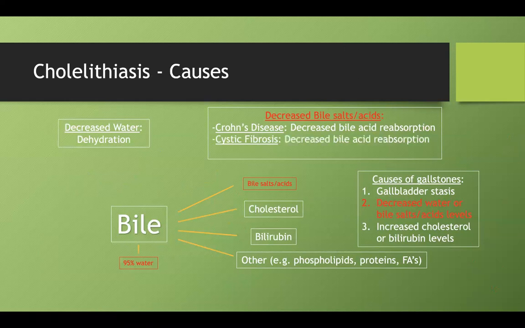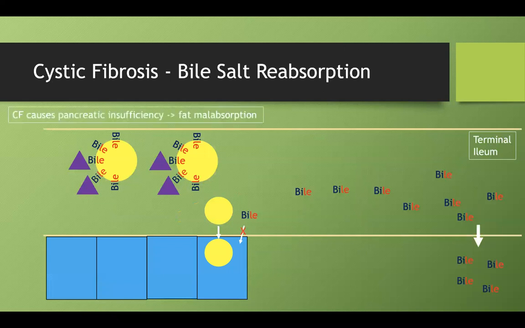Cystic fibrosis can also cause decreased bile acid reabsorption. What's happening here is that in cystic fibrosis, oftentimes there's a lot of viscous fluid in your pancreatic duct, which we talked about, and that's why it's one of the common causes of pancreatic insufficiency. So if we don't have enough pancreatic lipases in our duodenum or in our GI tract in general, we aren't even able to break down these fat globules into smaller micelles.